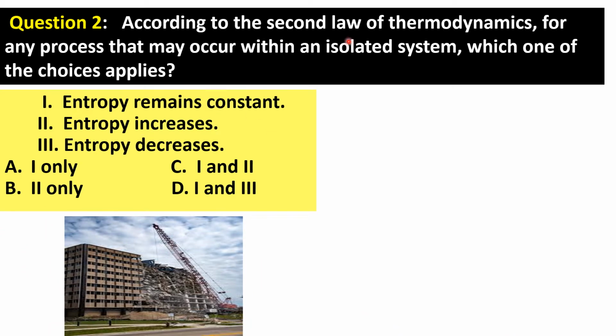Question number 2. According to the second law of thermodynamics, for any process that may occur within an isolated system, which one of the choices below applies? We have three statements. Statement number 1, the entropy remains constant. Number 2, the entropy increases. Number 3, entropy decreases.